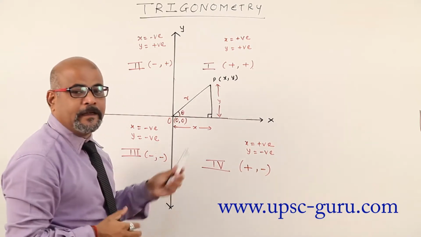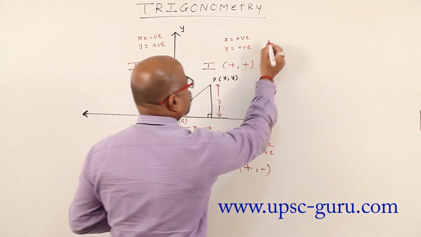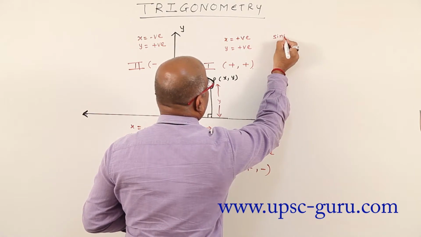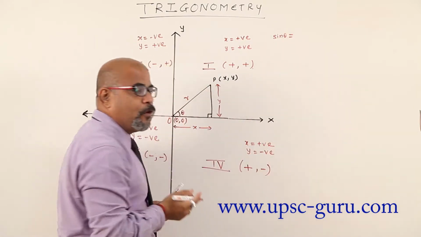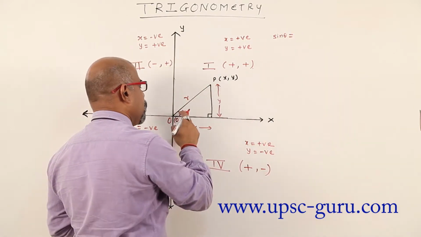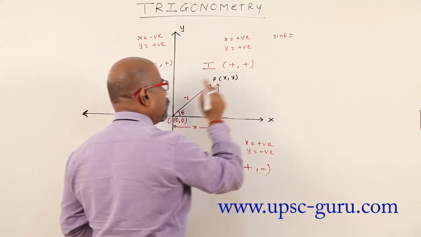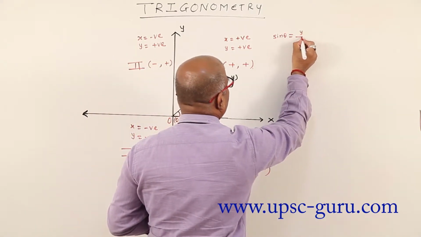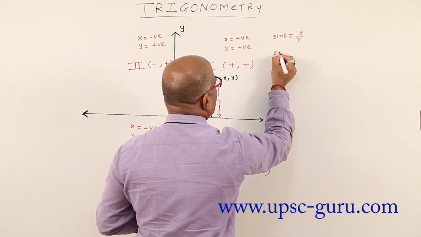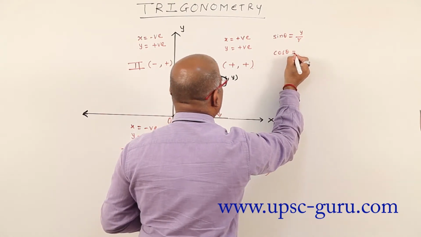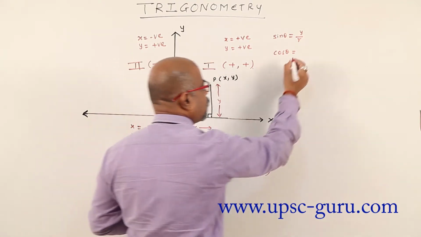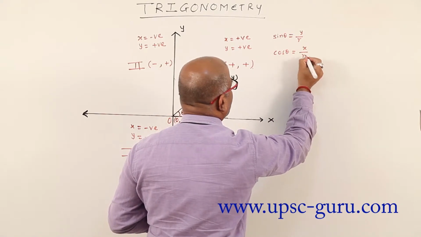Now we know that sin theta equals opposite side upon hypotenuse. Opposite to theta is y, hypotenuse is r, so we have y upon r. Similarly, cos theta equals adjacent side, that is x, upon hypotenuse r.